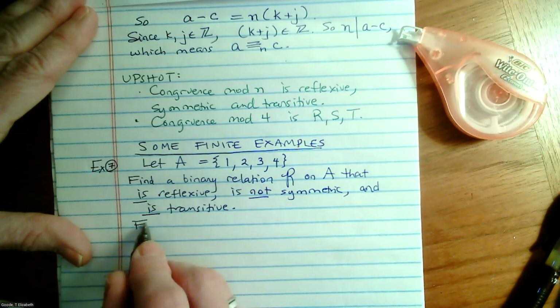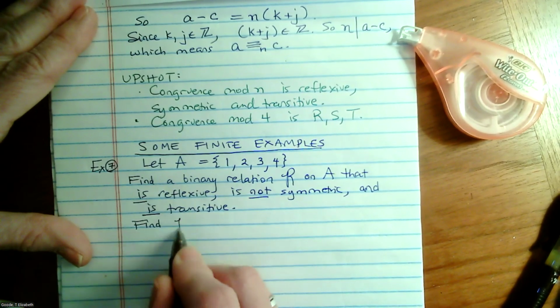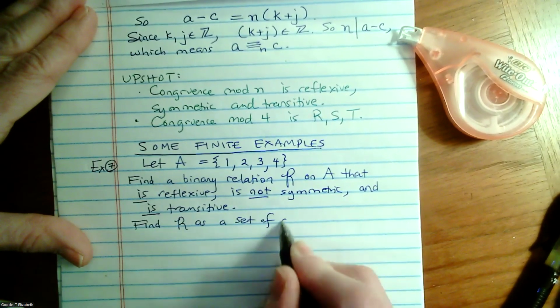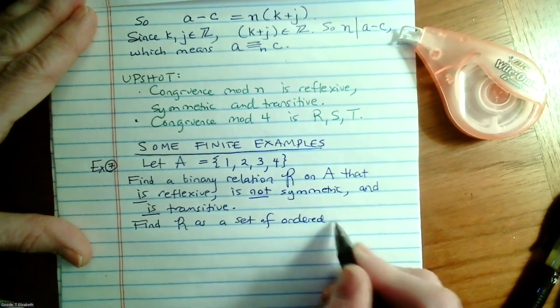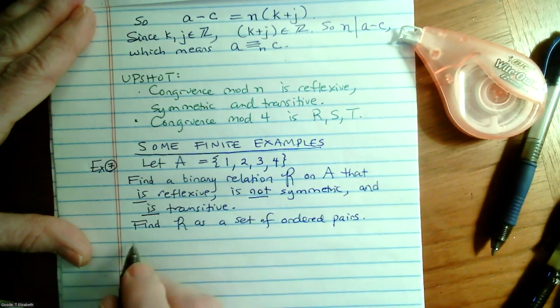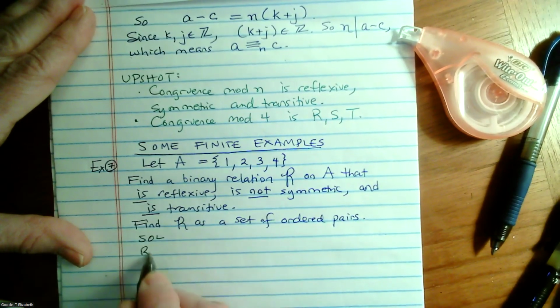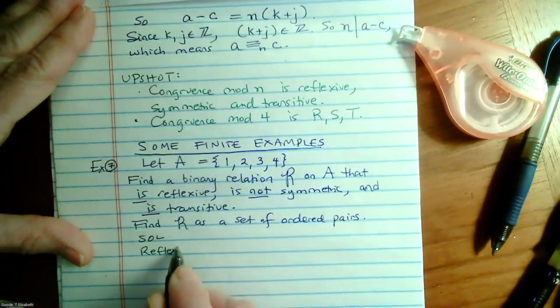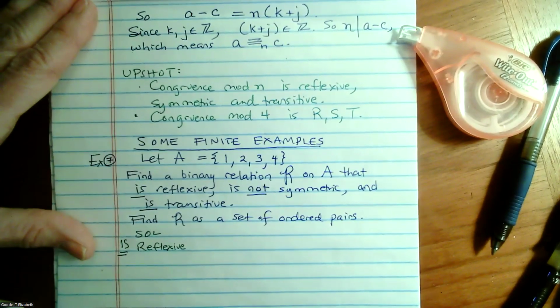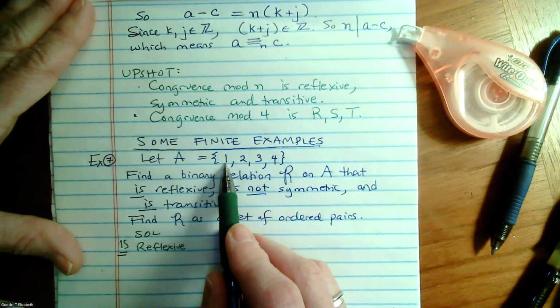So we're going to find curly R as a set of ordered pairs. We're just going to think about what we need to do to make such a curly R. We need it to be reflexive. So the reflexivity says each element in the underlying set has to be related to itself.